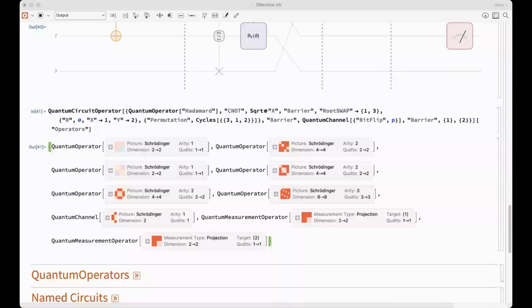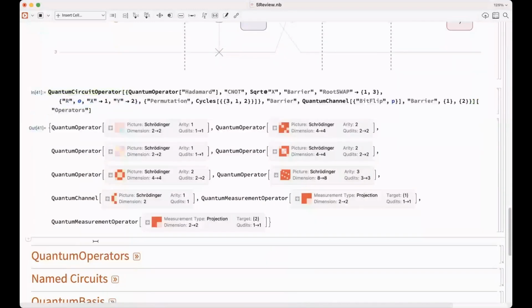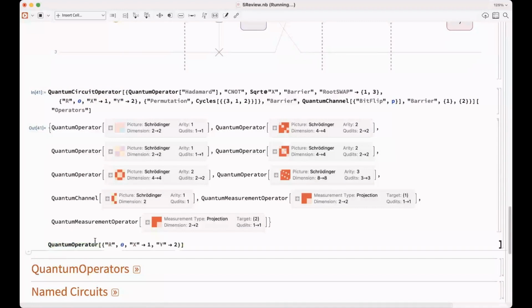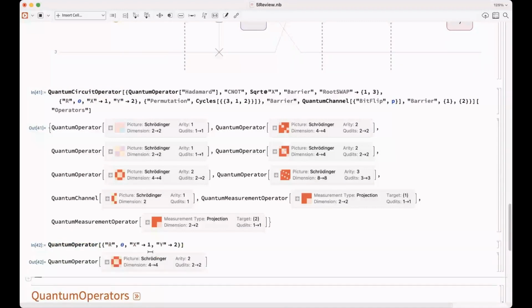Okay, so let's go. Why are Rx and Ry connected by Y? Very good question. Nick, take that R rotation operator. So what is that operator?